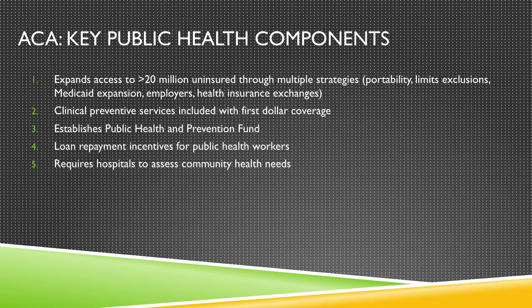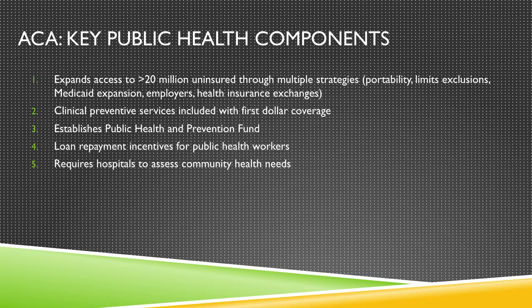These elements have led to expanded health coverage access for over 20 million people who were previously uninsured. It was accomplished through multiple strategies, including portability, limiting exclusions, Medicaid expansion, employers and health insurance exchanges, for example.